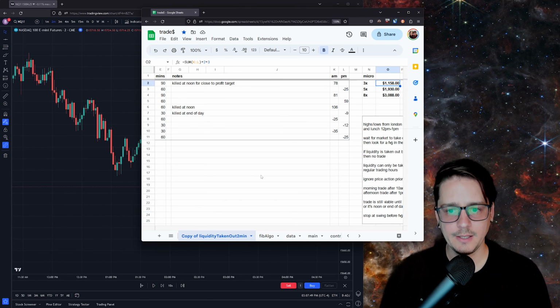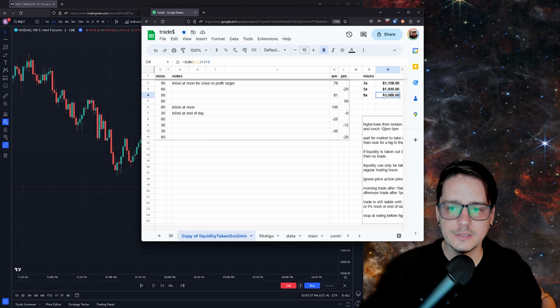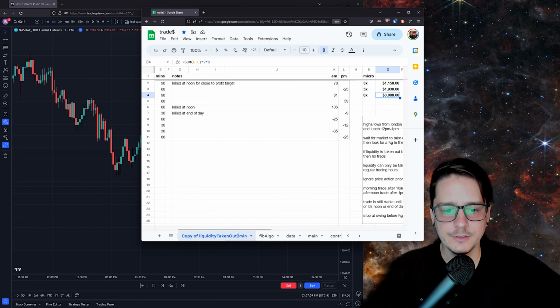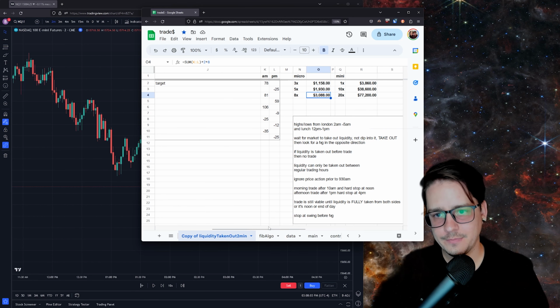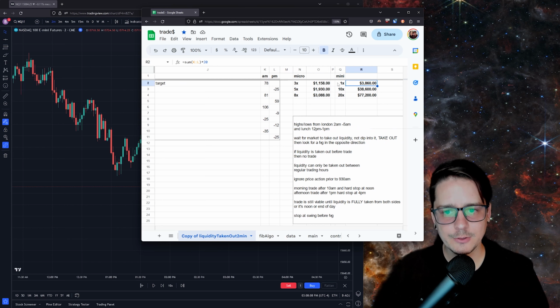That's quite a bit of money for only 3 micros, and it scales up from there. So almost $2,000 in 1 week for 5 micros, and then $3,000 for 8 micros. And this is where it gets interesting, the mini math. When you switch over to mini math, you're at almost $4,000 with 1 micro, 38 with 10. That's insane for 10 trades in 1 week.